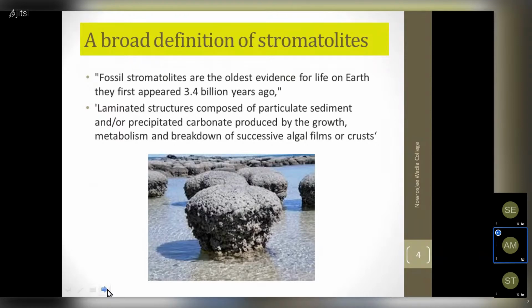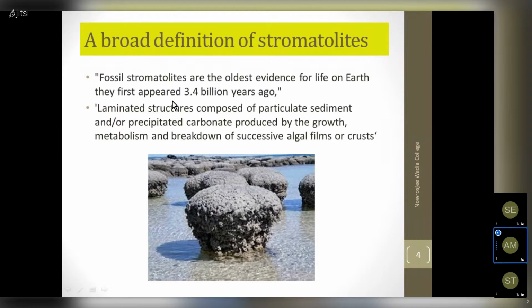Okay. A broad definition for stromatolites can be given as below. First of all, stromatolites are considered as fossils. Fossil stromatolites are the oldest evidence for life on Earth.